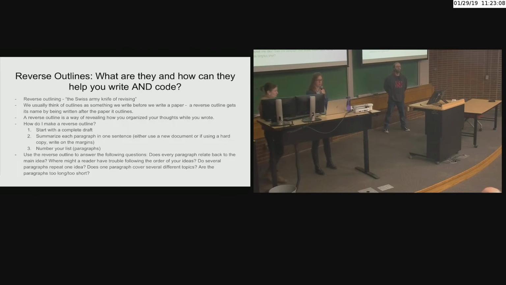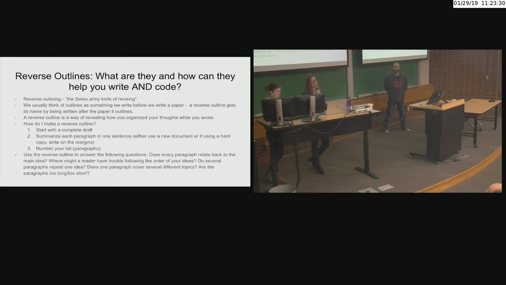The first one says, does every paragraph relate back to the main idea? This is very important. If you feel that a paragraph is not really connected to your main idea, or that something is kind of off, you're going to do something about that paragraph. You're going to revise it or include more examples to support your claims or your argument.